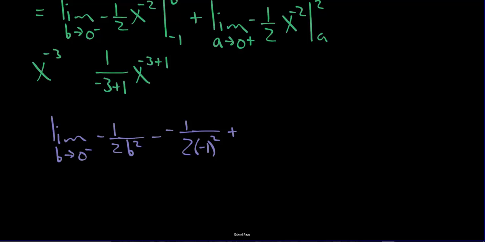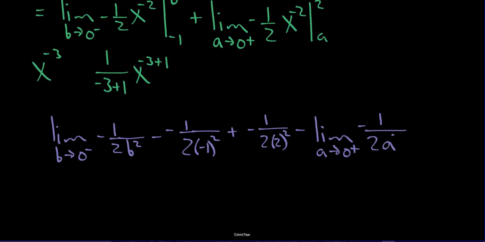Now, let me go over here and do this one. I'm going to take negative 1 over 2 times 2 squared minus the limit as a goes to 0 from the right, negative 1 over 2 times a squared. Okay, any questions about that? Everybody see what I did? Just plugging in.